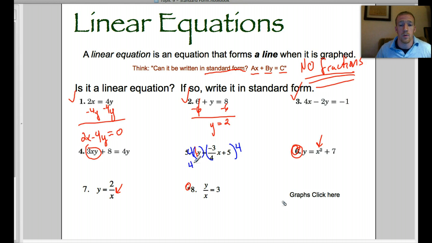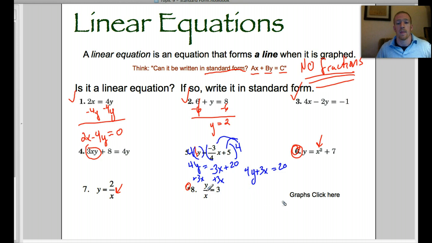So now I have 4y equals, I have to distribute this to both. 4 times negative 3 over 4 is just a negative 3x, I'm sorry, an x there. And then 4 times 5 is 20. Now we just have to add the 3x to both sides, and we get 4y plus 3x equals 20, standard form.